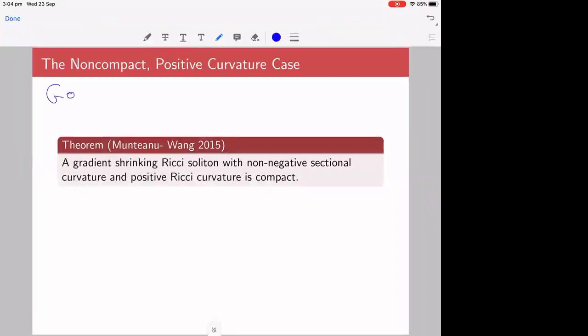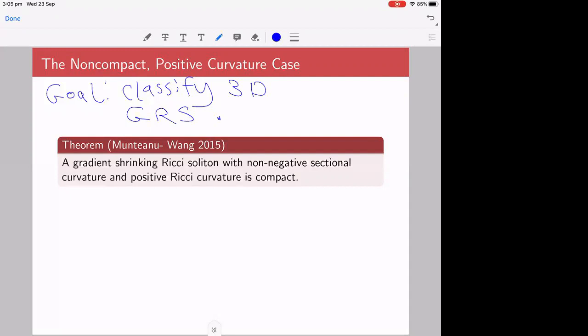So the goal: classify three-dimensional gradient shrinking Ricci solitons. Now, this was done more or less previously, but with this theorem that's listed here, I think one can give a somewhat simpler proof of this.